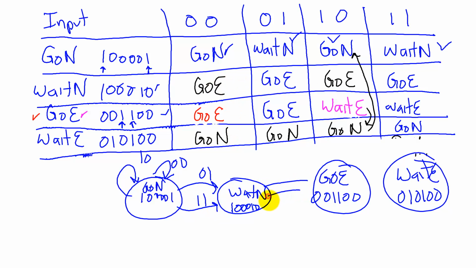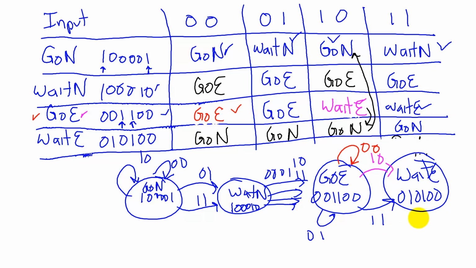They all go that way. 1 2 3 4. 0 0, 0 1, 1 0, 1 1. And then here, this picture right here is I'm going to stay in that state on a 0 0. I'm going to stay in that state on a 0 1. I'm going to go over here on a 1 0, and I'm also going to go over there on a 1 1. And then these all go back over there.